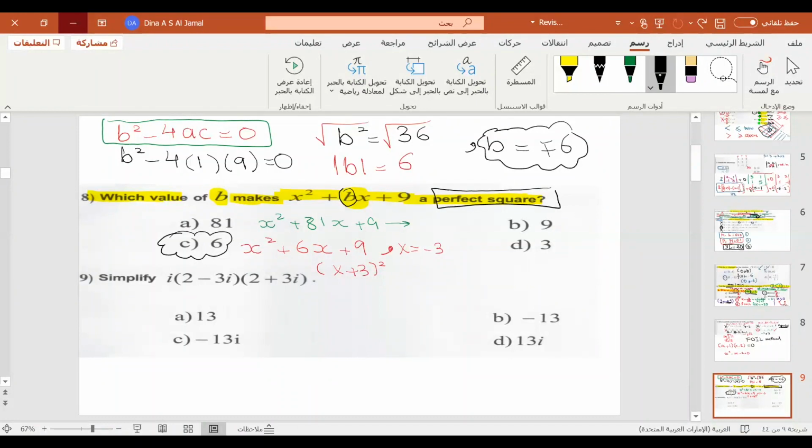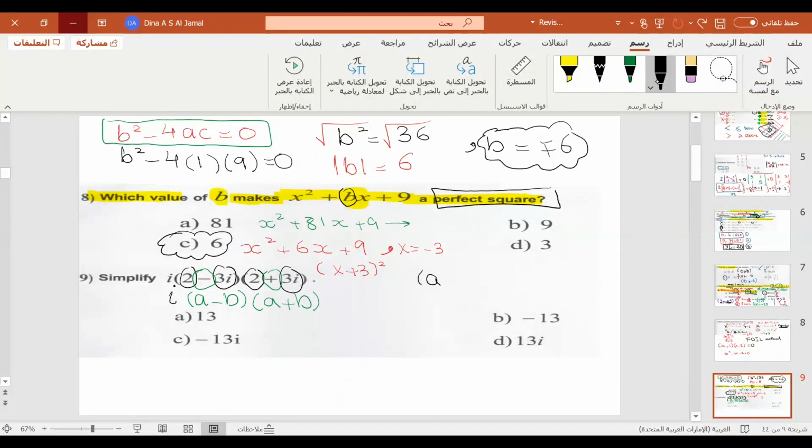So I would like to grab your attention on something very important: whenever you are having terms with the binomial and another term, and the only difference is the sign, that means it will be put in the form of A minus B, A plus B. And this is one of the methods of factorization.